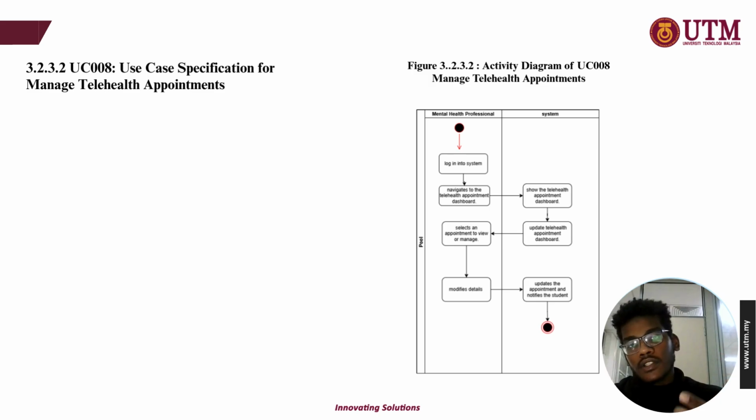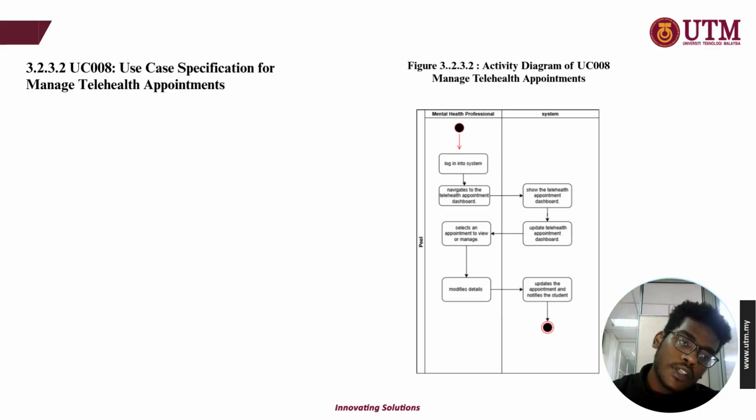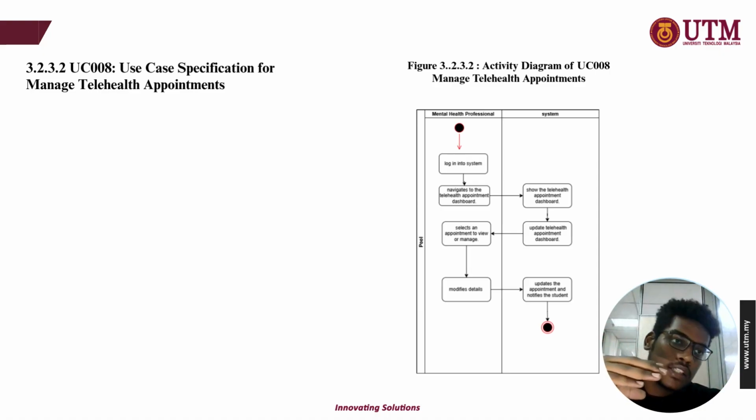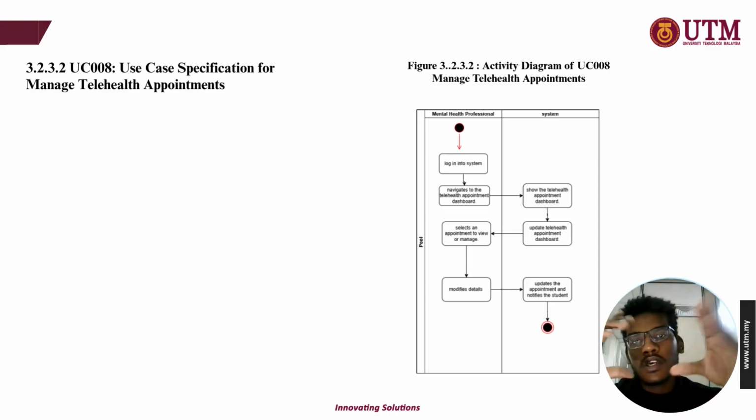Now moving on, the second use case in this module, the management of the appointments, manage telehealth appointment. So our actors are admin and telehealth professional, or mental health professional. The mental health professional can navigate and check the requests he got from the students, and he can accept or ignore the appointment.